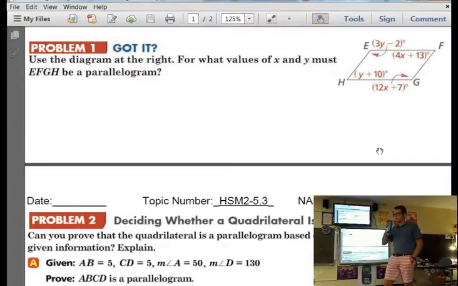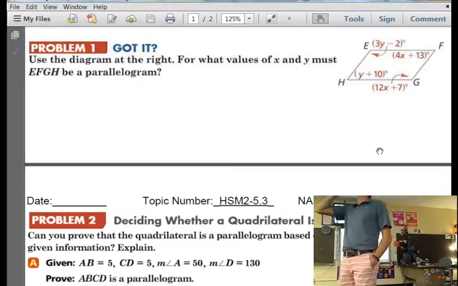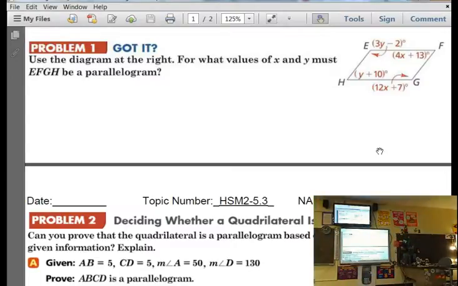Right. 12. Wait, what? No. How do we try to solve for E and H? Y plus... equals 180, minus 8 on both sides.